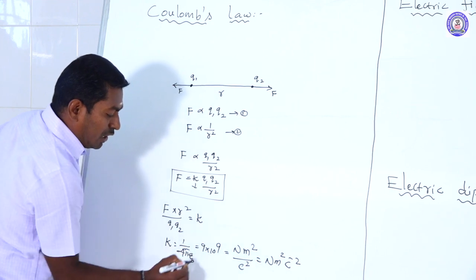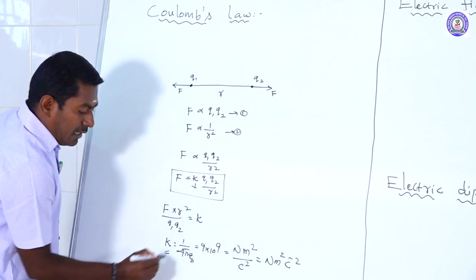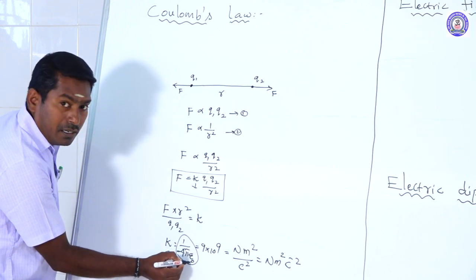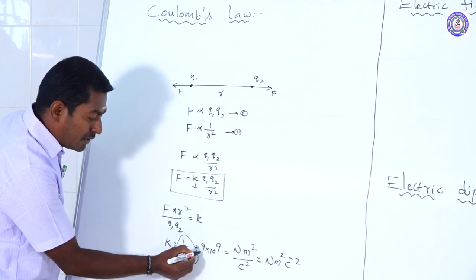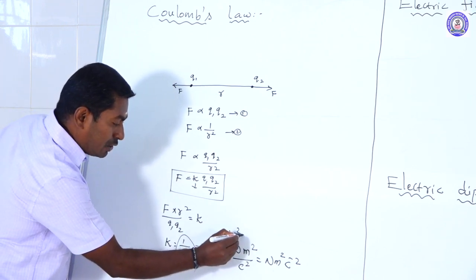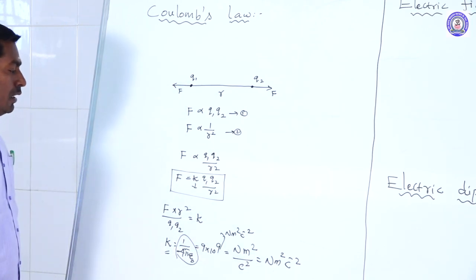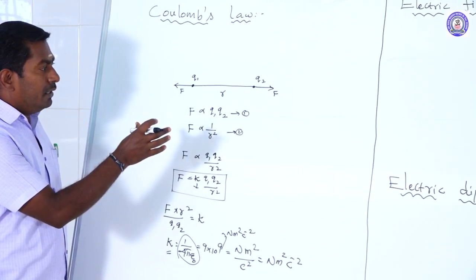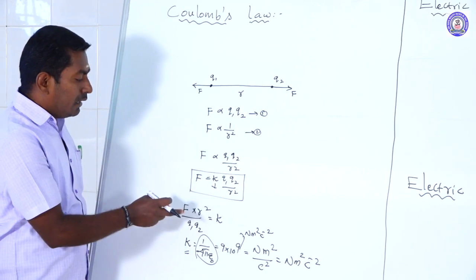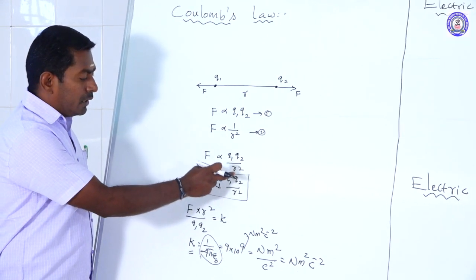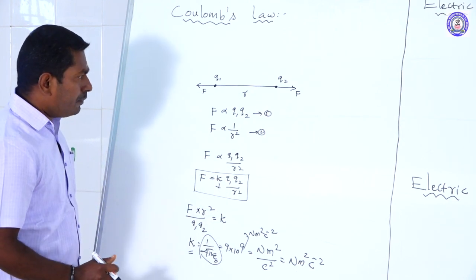It is the SI unit of the proportionality constant K. The expression to represent the proportionality constant is 1 divided by 4 pi epsilon naught, and its value is 9 into 10 power 9 Newton meter square Coulomb power minus 2. So the force of attraction or repulsion between the two point charges can be calculated with the help of Coulomb's law: F is equal to K Q1 Q2 divided by r square.